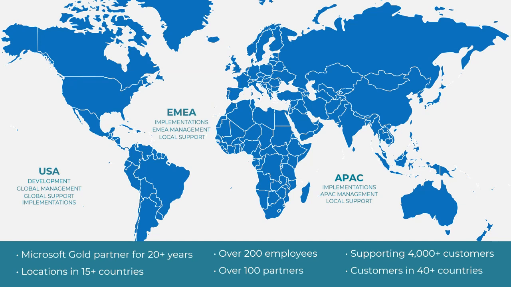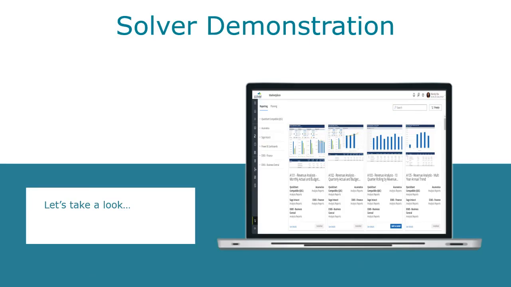But again, we do have a fantastic offering for those GP customers and for those BC customers. So going back to my first slide, if you are a BC customer or a GP customer, you're on the right webinar if you're interested in finding out how we can transform your reporting and planning capabilities. And without further ado, let's go straight into showing you a product demonstration.